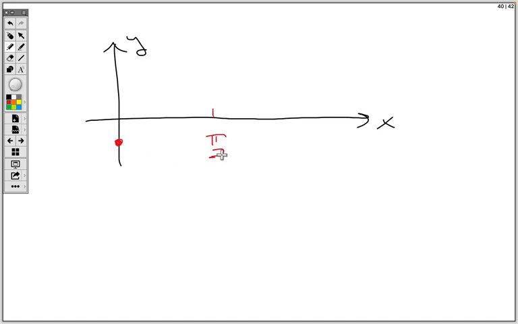At pi over 2, I have a positive y value. Since the function's continuous, I know I've got to connect these points with a connected curve. So I know that somewhere in between there's a place where f of x actually equals 0.